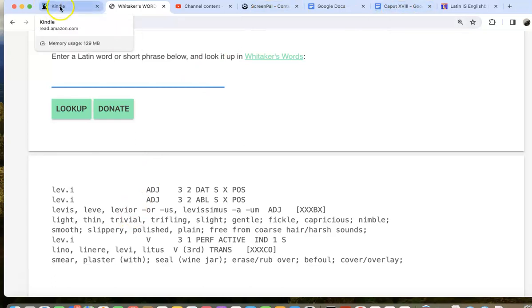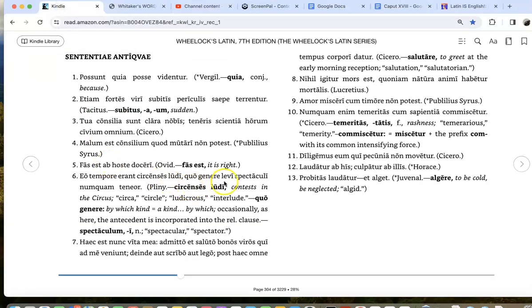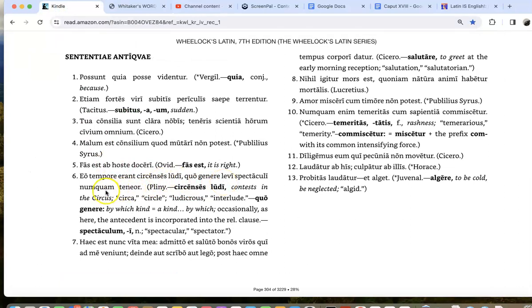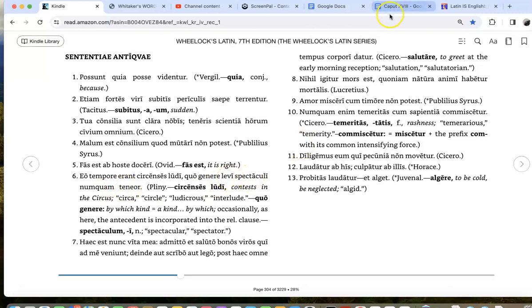for my translation. So by which kind, I am never being held by trivial spectacles.